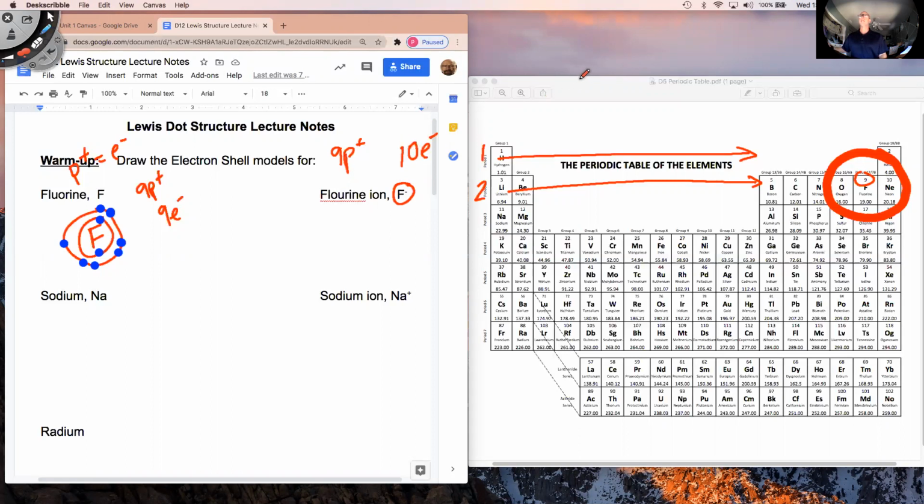And then very quickly, remember the charge equals the protons minus the electrons. Well, if the charge is a -1 and the protons equal 9, 9 minus what gives you a -1?